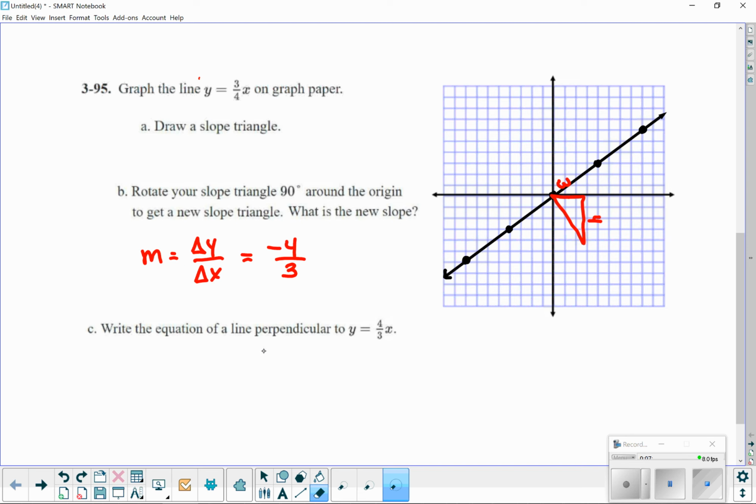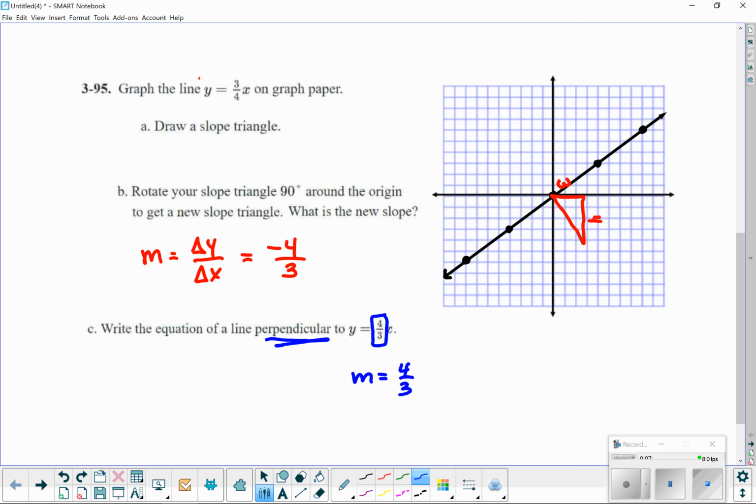Write the equation of the line perpendicular to 4/3 x. If I have a line that's perpendicular to 4/3 x, then I would need to use this slope right here, except I'm not going to use m, it's 4/3.